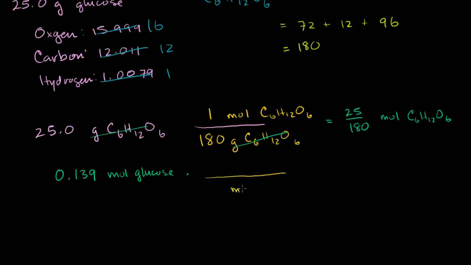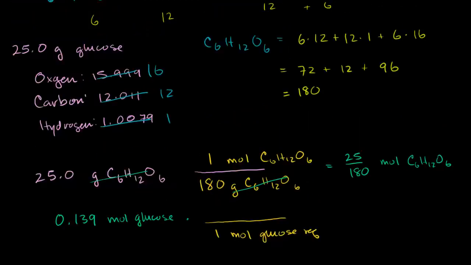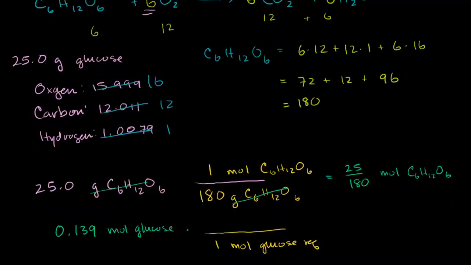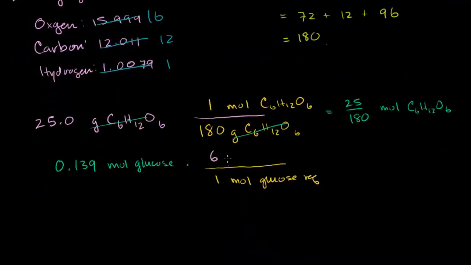So moles of glucose required. For every 1 mole of glucose, we figured out when we balanced the equation, we need 6 moles of O2 required.